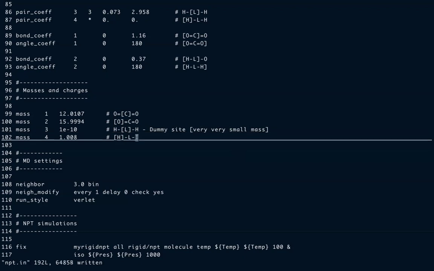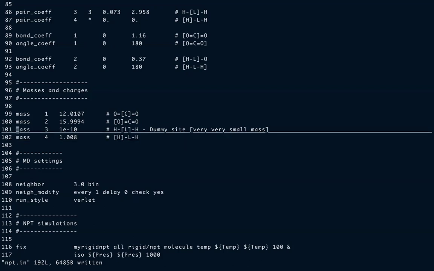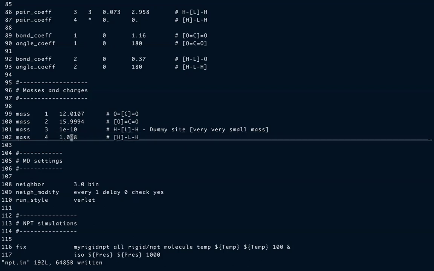Strictly speaking, the total mass of the hydrogen should be 2.016 grams per mole. So the mass here should be 1.008 minus a very small value, 1e-10, into 0.5.